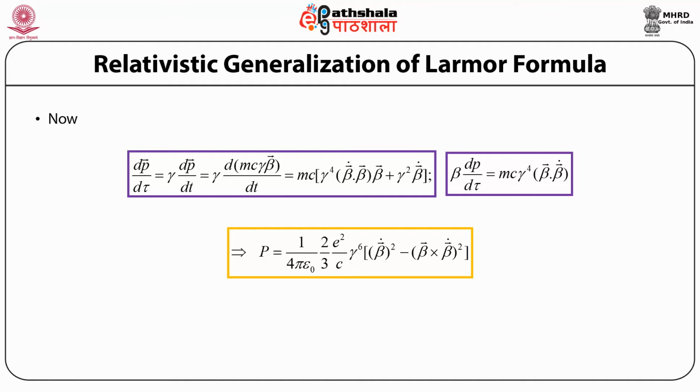Beta dP by d tau equals m c gamma to the power 4 beta dot, and this implies that P equals 1 divided by 4 pi epsilon naught into 2 by 3 e square by c gamma to the power 6 [beta dot square minus (beta cross beta dot) whole square]. This is also called the Larmor formula for power radiated by a non-relativistic accelerated point charge.